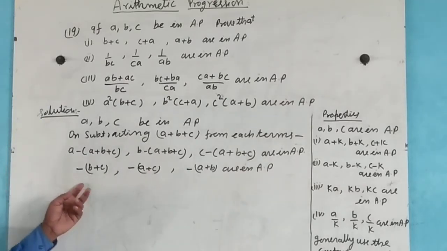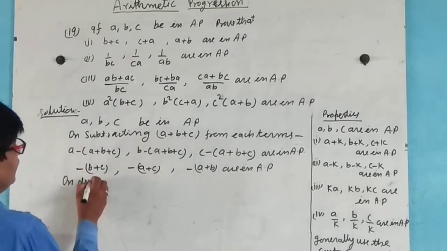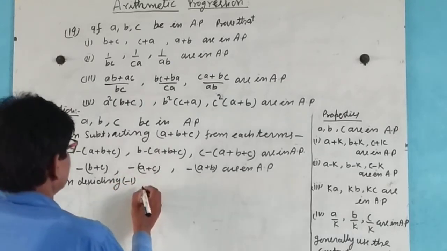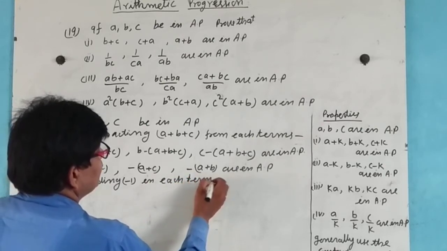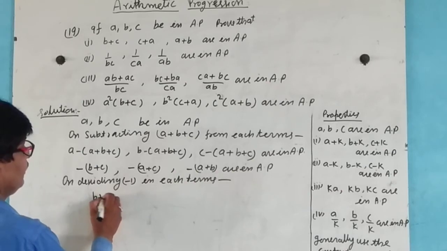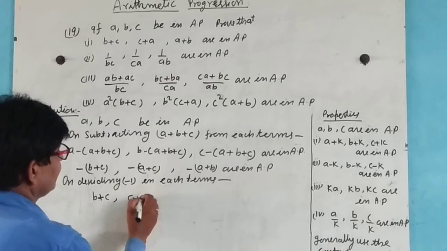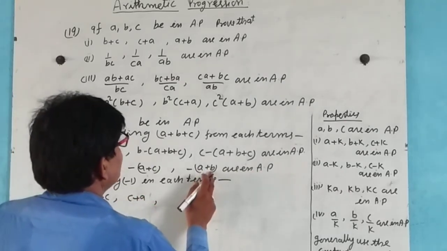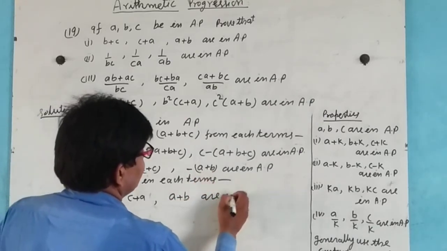On dividing by minus 1 in each term, this is equal to B plus C, this is equal to A plus C, C plus A, this is equal to A plus B, are in AP.